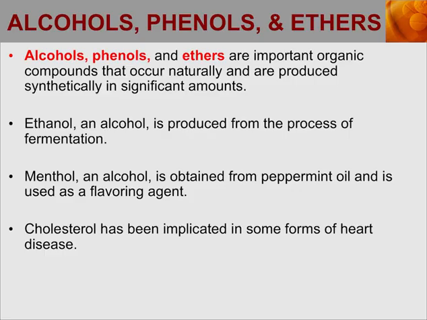So alcohols, phenols, and ethers are important organic compounds that do occur naturally, either out in nature or in our own bodies, but we can also produce them synthetically in significant amounts if we need to for different purposes. So one example of the production of ethanol is fermentation.